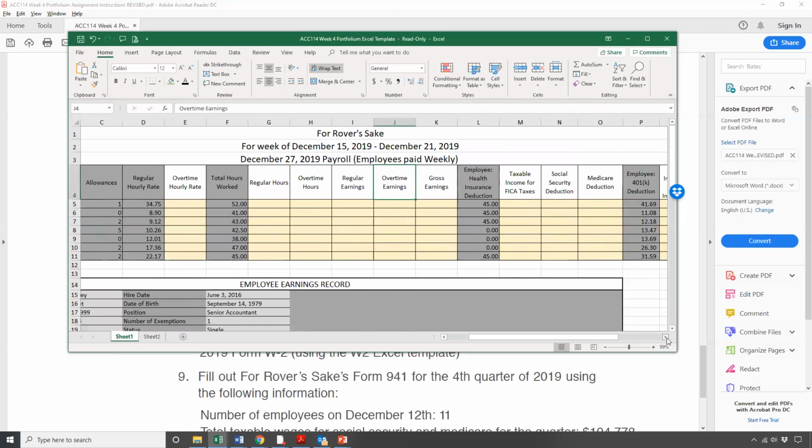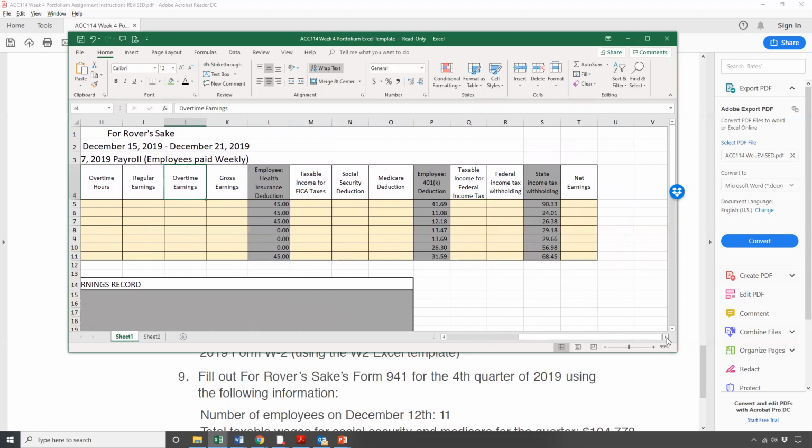And then I mentioned the fact that we've got some pre-tax deductions. So they are placed in the perfect spot in the spreadsheet to help you determine where they need to come out. So you're going to take your gross earnings and subtract your health insurance deduction to come up with your taxable income for your FICA taxes.